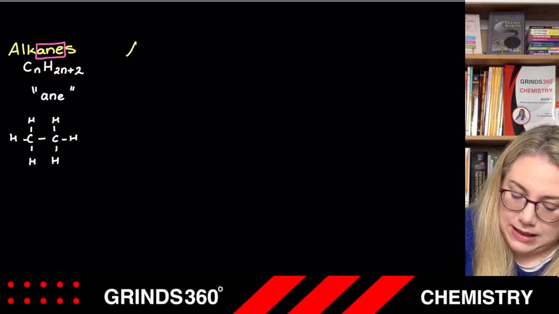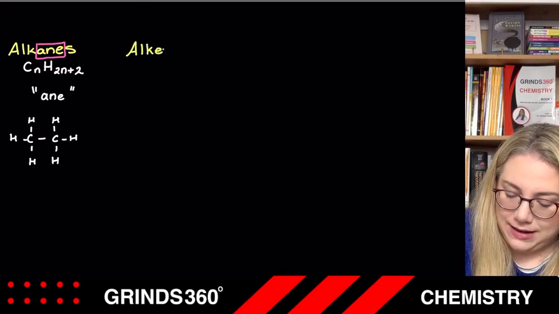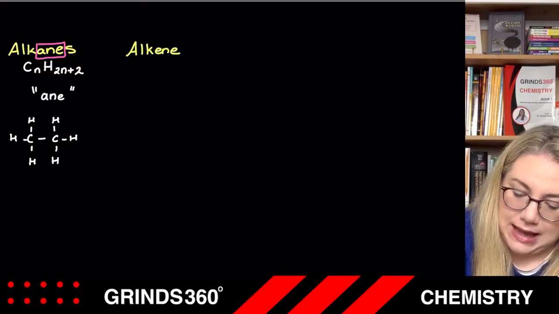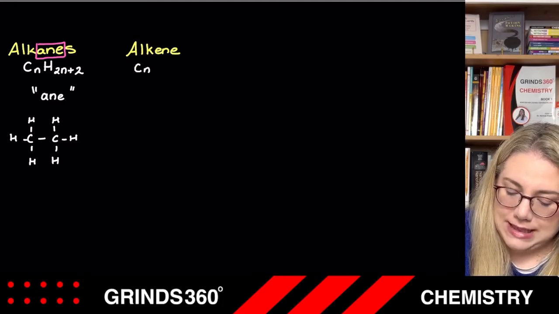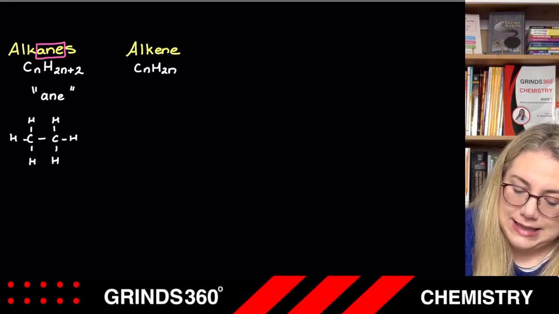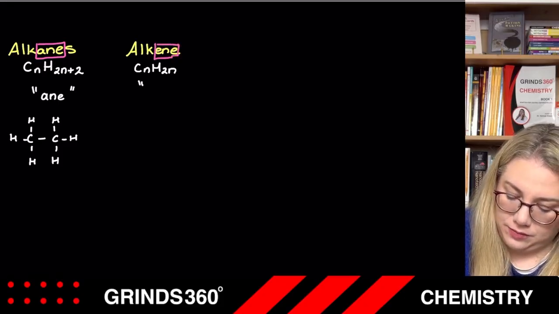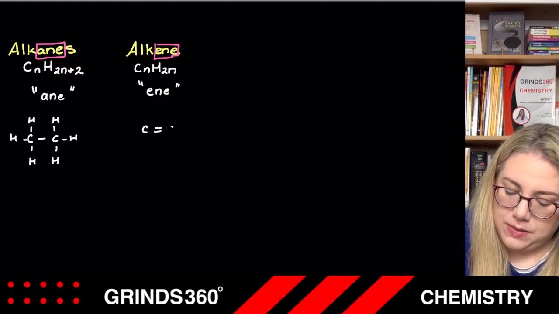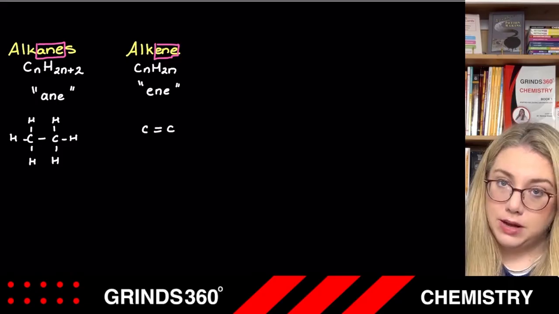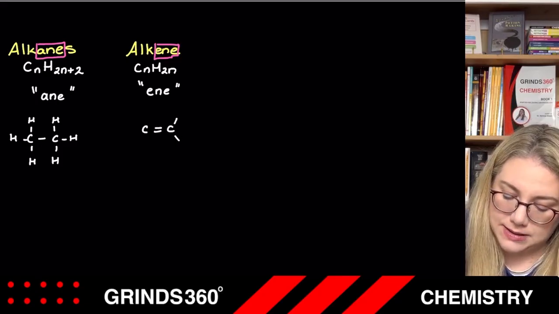The next one that we came across was an alkene. Alkenes have the general formula CnH2n. Alkenes end in ENE. And how you spot them, you have a carbon-carbon double bond between two carbon atoms.